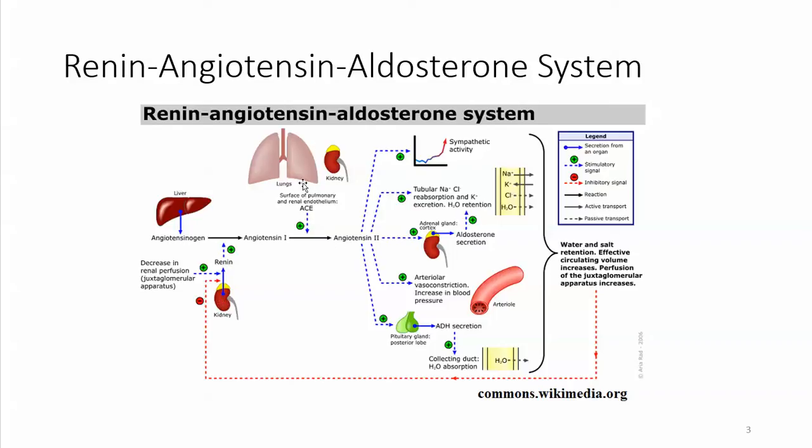And then this ACE, which is angiotensin converting enzyme, converts it to angiotensin 2. Now, the overall effect is an increase in blood pressure and blood volume. Okay? Now, the feedback is that as angiotensin increases, the renin decreases. When you're given an ACE inhibitor, this is where it blocks it.